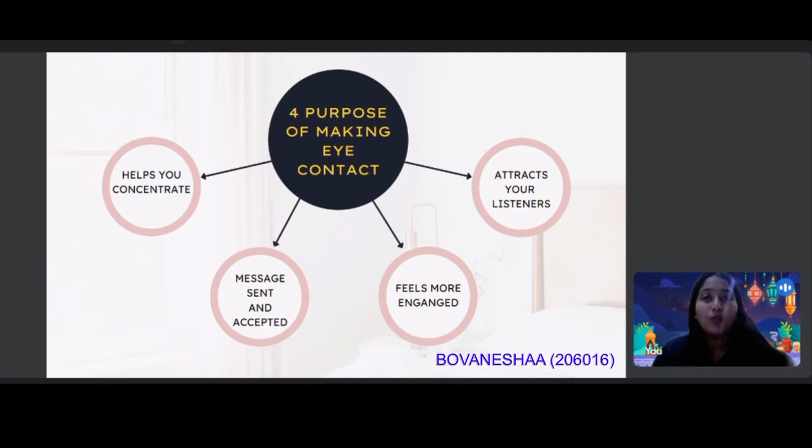When you have good grammar and good speaking skills, it attracts your listeners to listen to what you are saying because it is clear and also well presented with good eye contact. When you are looking into their eyes, they have to respond to you, so that they will listen to what you are trying to deliver at the moment.